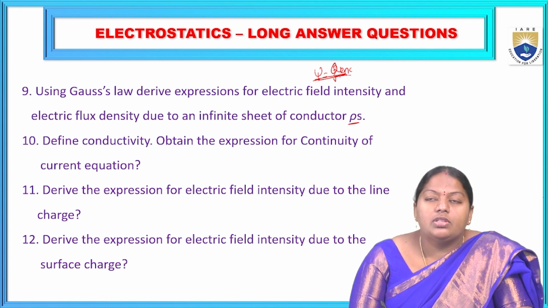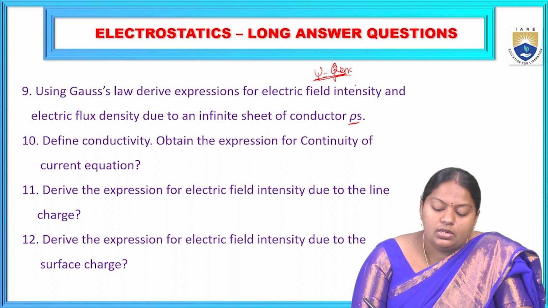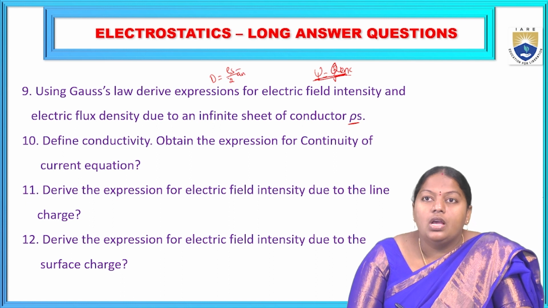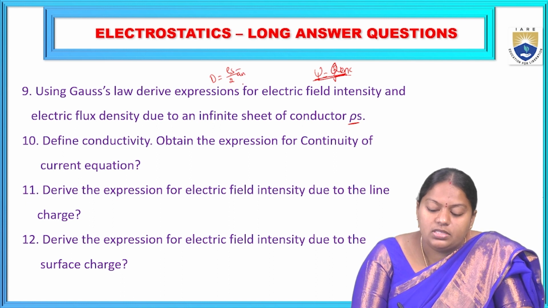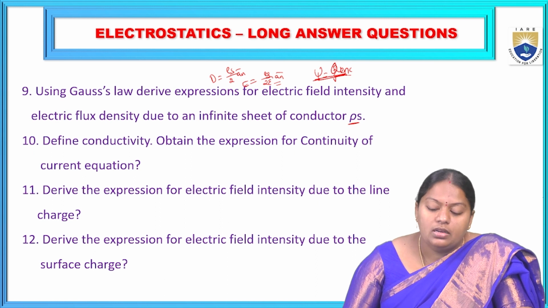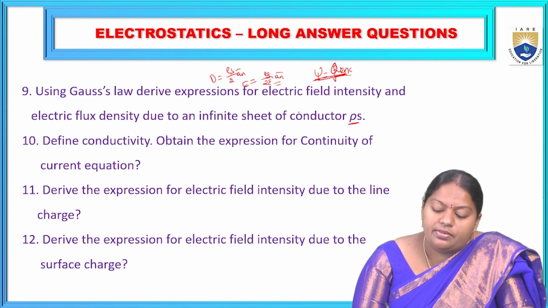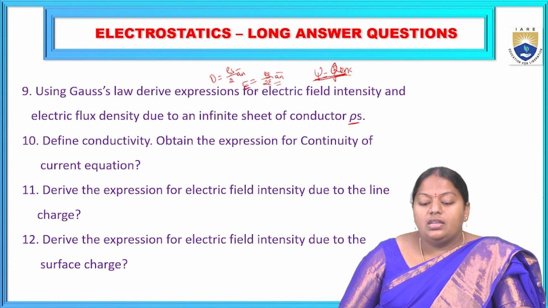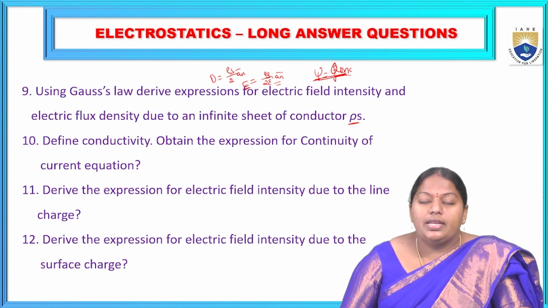By equating psi with Q enclosed, we get the equations for D and E. For the surface charge, D equals rho s by 2 into An, and electric field intensity E is given by rho s by 2 epsilon into An, where An is the unit vector normal to the surface. The difference is that electric flux density is independent of the medium, and electric field intensity is dependent on the medium.